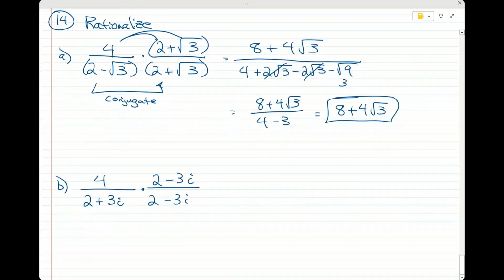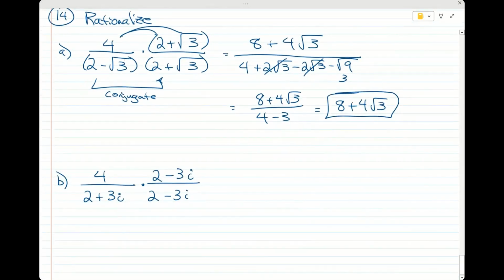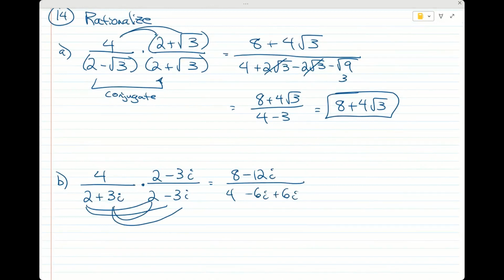The problem below it, we're still going to use the conjugate. We're working with imaginary numbers, but we know that i is really just another square root. So in the numerator, we're going to have 8 minus 12i over 4 minus 6i plus 6i minus 9i squared.